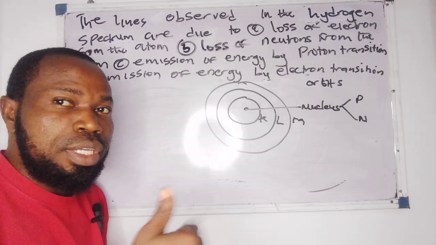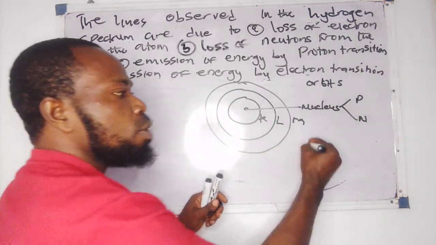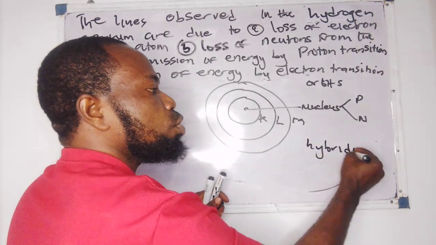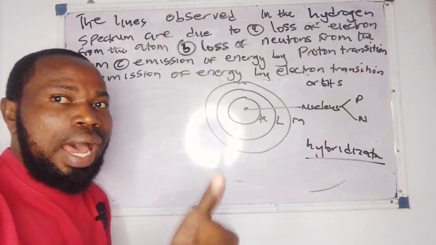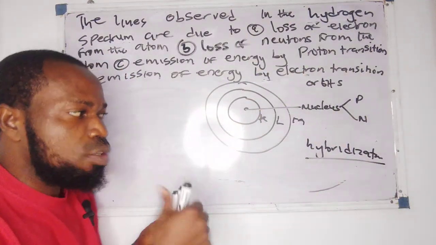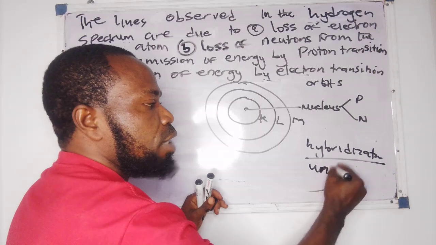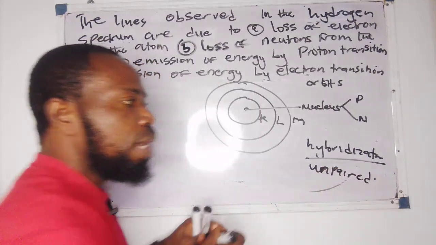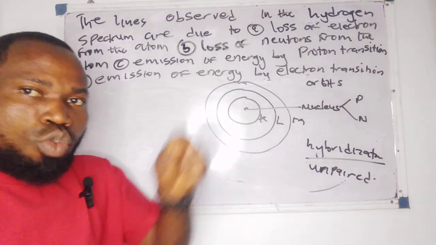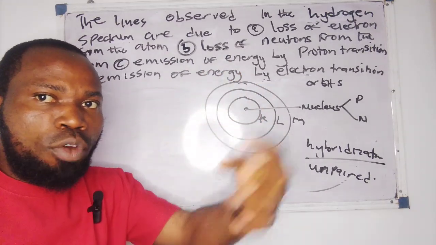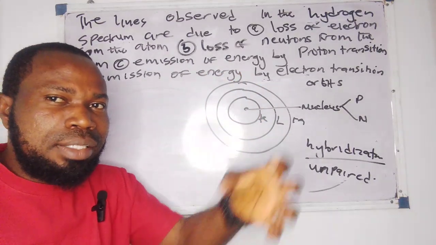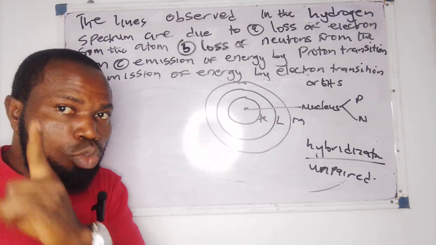Excitation usually occurs during hybridization. For hybridization to occur, electrons are excited in order to create unpaired electrons. You get my picture now. There's a video I'm going to upload subsequently showing you how to know the excited state configuration, because they can give you the excited state configuration of carbon. You should be able to trash that question.